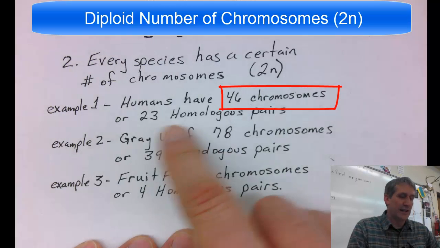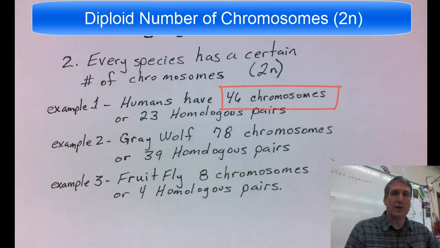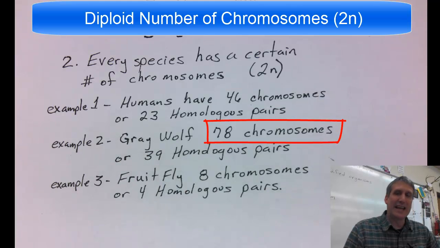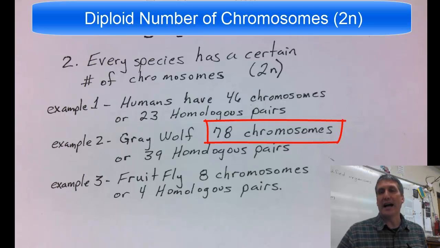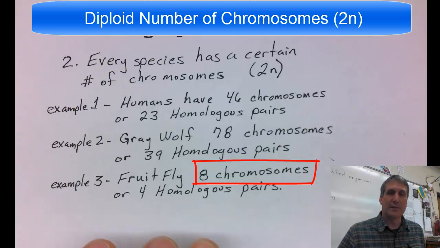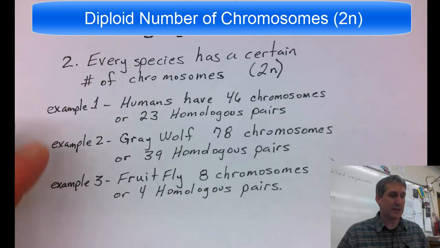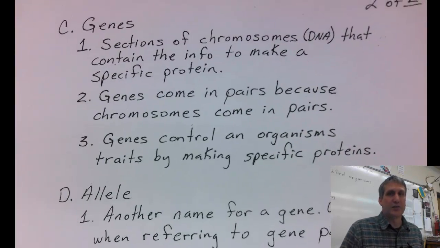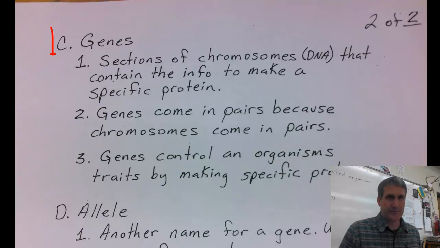That means that there's 23 homologous pairs or 23 pairs. The gray wolf has 78 chromosomes or 39 homologous pairs. And a fruit fly, the diploid number is 8, which means there are 4 pairs of chromosomes in the fruit fly species.